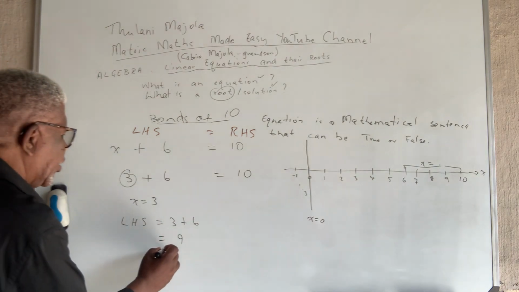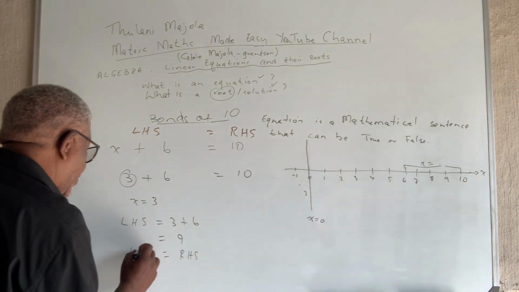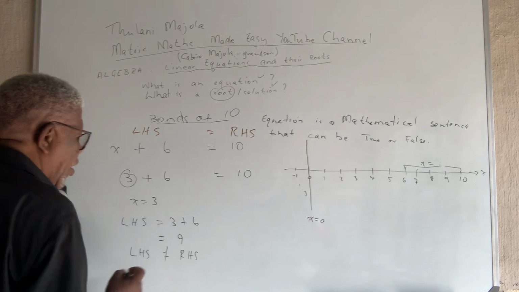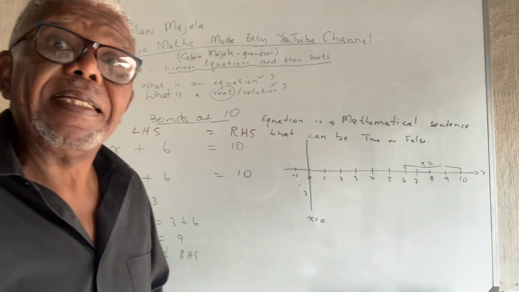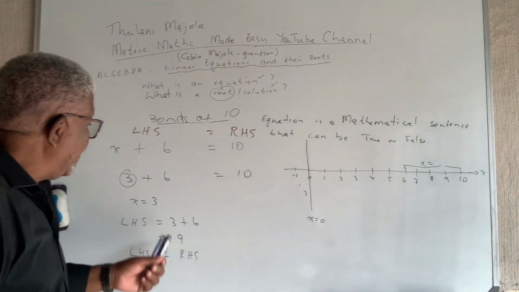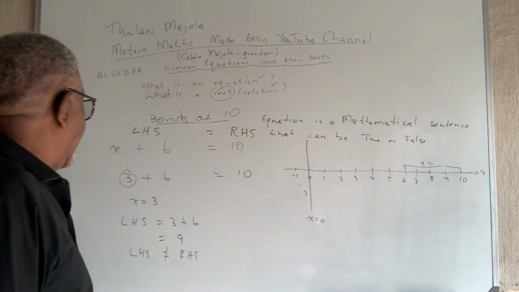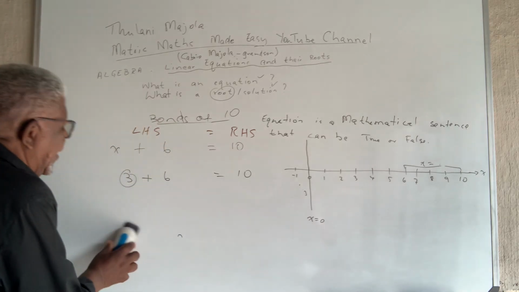And 9 is not equal to 10, because the right hand side is equal to 10. So your left hand side will not be equal to 10. It's still an equation, but it's false, because when x equals 3, 9 is less than 10. But it is still a mathematical equation.